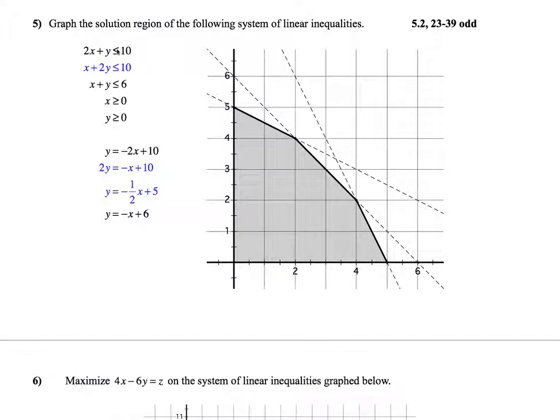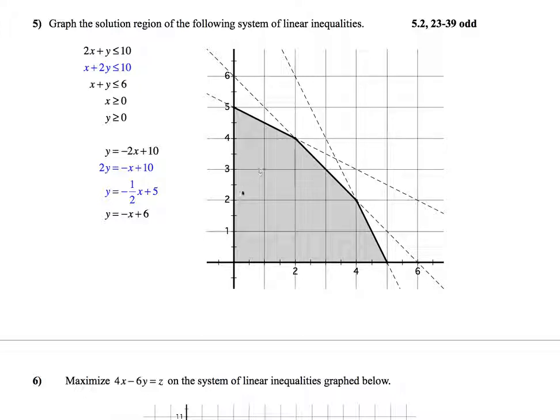Now each of these is less than or equal to, so we're going to shade below the intersection of all of these three. And we will shade to the right of the y-axis, because x is greater than or equal to 0. And we would shade above the x-axis because y is greater than or equal to 0.